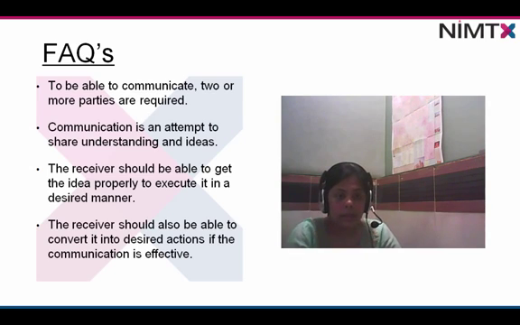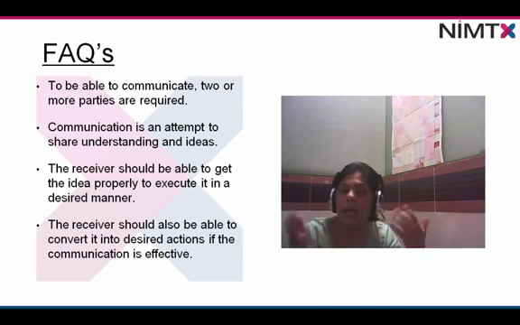If we don't understand the idea, how would we work towards it? It is very important in business. The receiver should be able to get the idea properly to execute it in the desired manner. The receiver should also be able to convert it into the desired actions if the communication is effective.